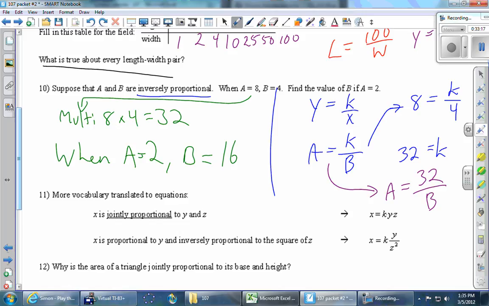And in the second sentence, how much is a? A is 2. So now we get to plug in a equals 2. 2 equals 32 divided by b. And we have to solve that for b. So maybe we'll multiply by b to get it out of the bottom.